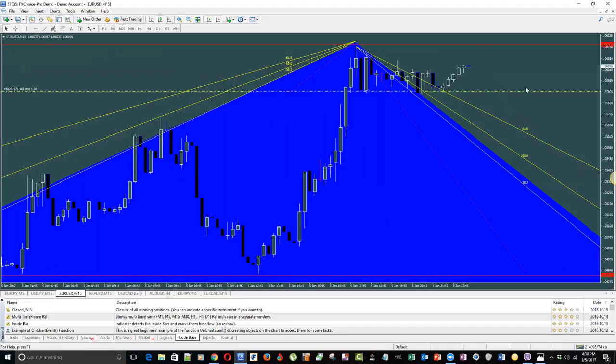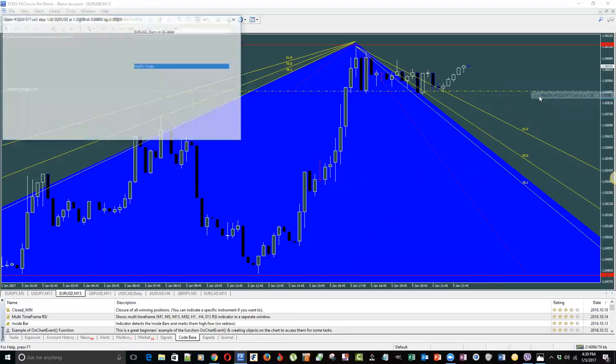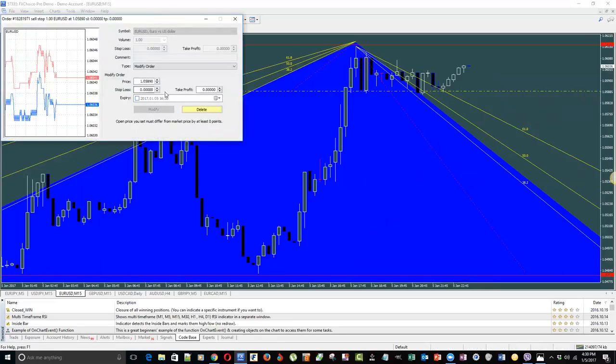So I'm going to go ahead and set my target level down. And I'm going to take profit at, let's say, where 61.8 is, or where 50% is, which is 0.5495.